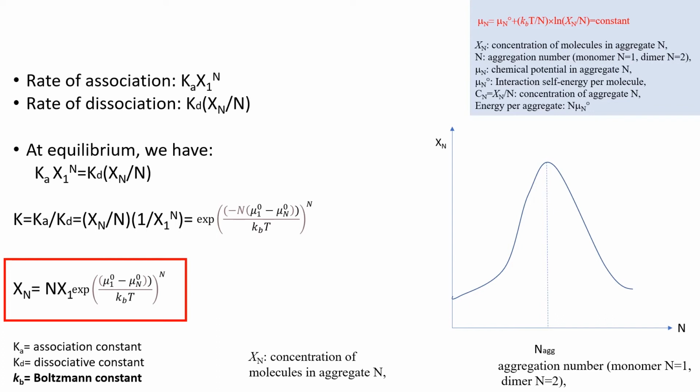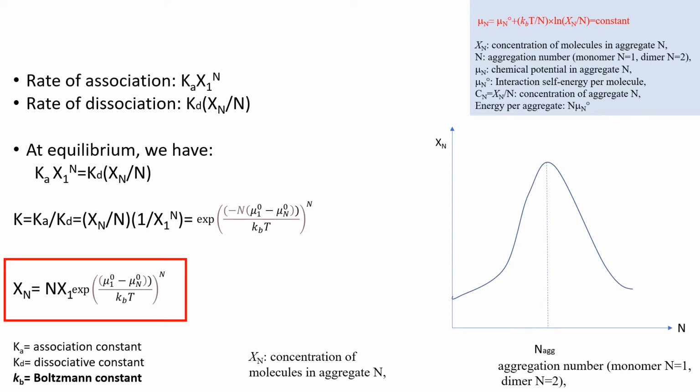Finally, by using the equation of the equilibrium constant, K equals Ka divided by Kd, and the fact that the rate of association equals the rate of dissociation, we get a relationship between the concentration of molecules in aggregate N and the aggregation number, as displayed in the equation surrounded by the right rectangle.